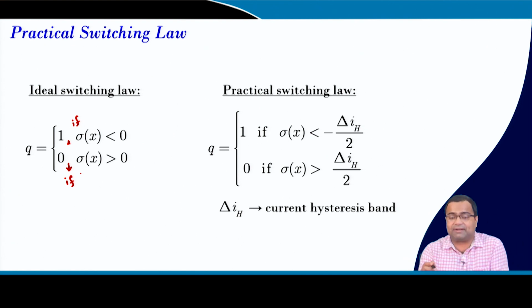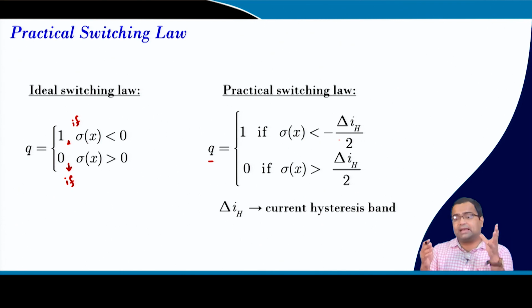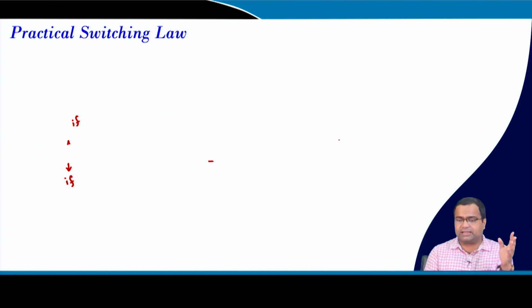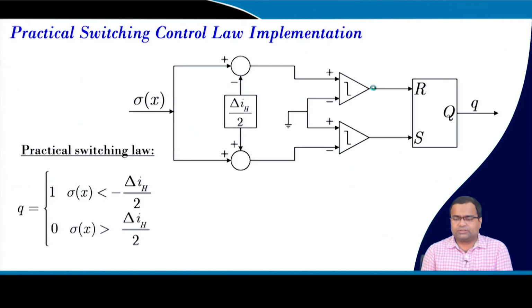This will be modified to q equal to 1 if sigma x is less than minus delta IH by 2, and q equal to 0 if sigma x is greater than delta IH by 2, and that we have seen in the previous slide. So, if I take the difference here at any point, this difference is nothing but our delta IH, because we are setting this band here. So, it is a current hysteresis band.